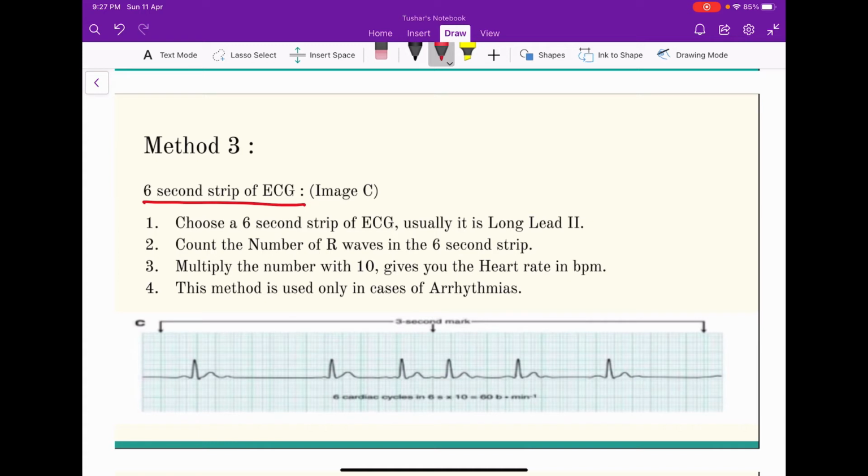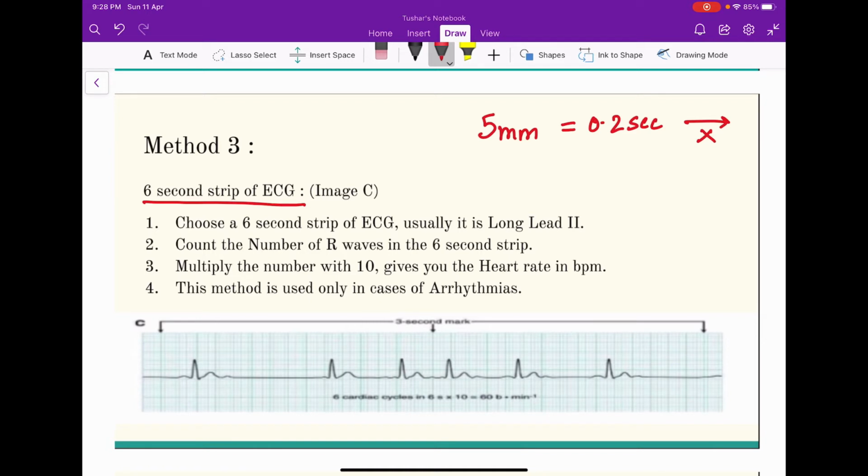So the first step is to choose a 6-second strip of ECG. Usually it is long lead 2. So how will you calculate the 6 seconds on an ECG? As I have mentioned initially, 5 millimeters is equal to 0.2 seconds on the x-axis of the ECG.